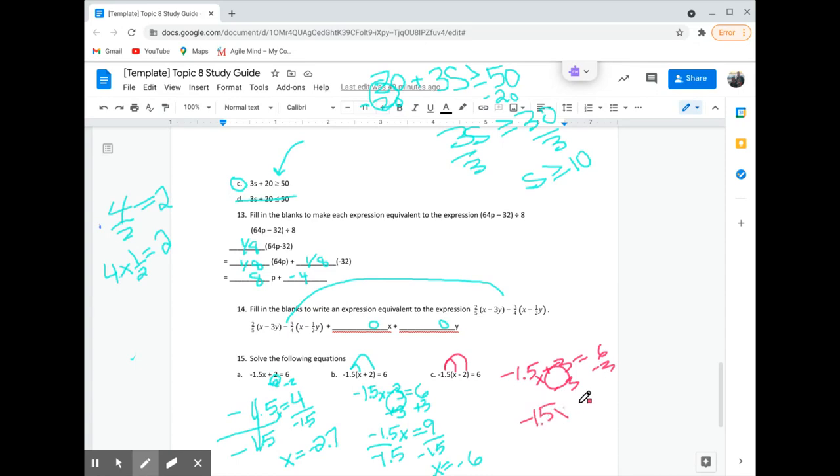And what am I going to do to solve to see what x is? Divide. And so what would that be? What's x going to be? Is it going to be positive or negative? Negative. And what's 3 divided by negative 1.5? 2. Good. Negative 2. Perfect. All right. We have completed our study guide.